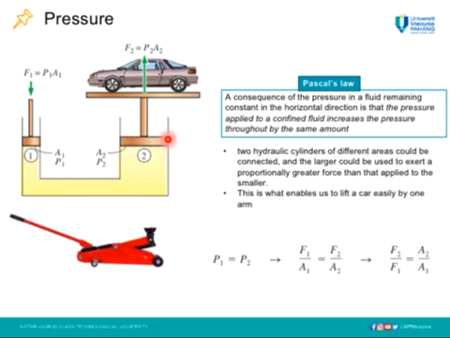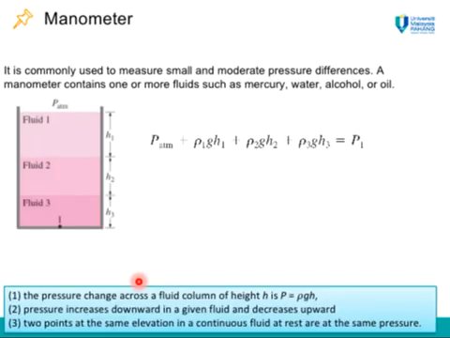From here, we understand that the force applied by a fluid is proportional to the surface area, which means that two hydraulic cylinders of different areas could be connected, and the larger could be used to exert a proportionally greater force than that applied to the smaller. This has been the source of many inventions that are a part of our life, for example, hydraulic brakes and lifts. And this is what enables us to lift a car easily with one arm by using a hydraulic car jack.